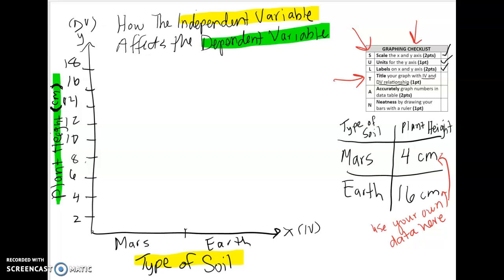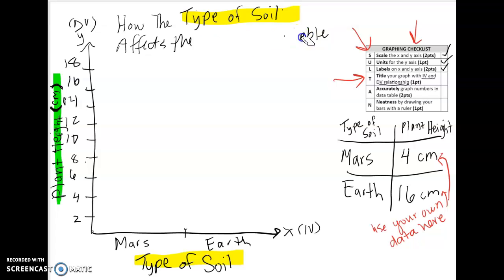So if I wanted to write a beautiful title, what I might write is, I'm just going to take that out, and I might write how the type of soil affects the plant height.